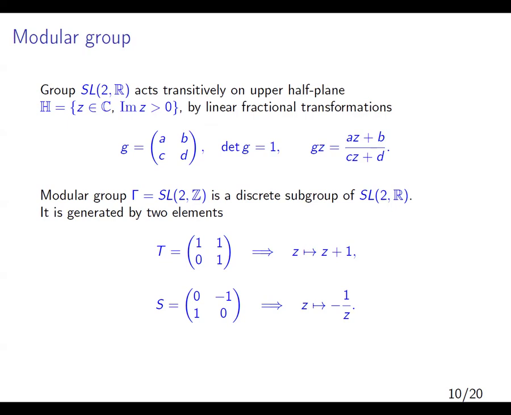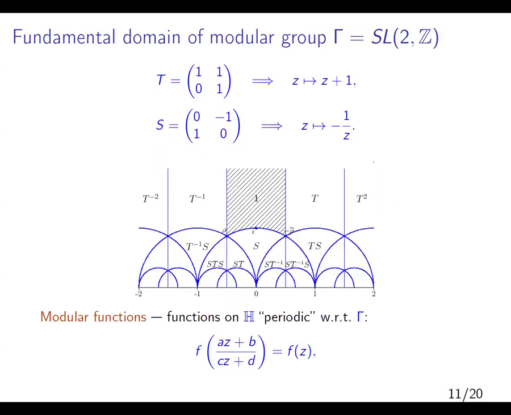And we have the action of this discrete group on the upper half plane, and we can try to understand what the fundamental domains are which cover all this plane when we act by SL2Z.